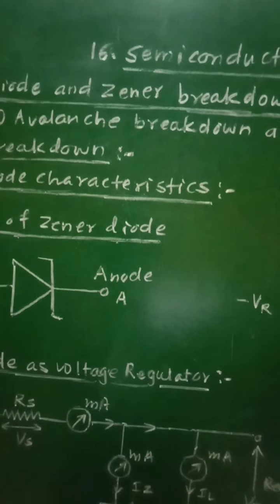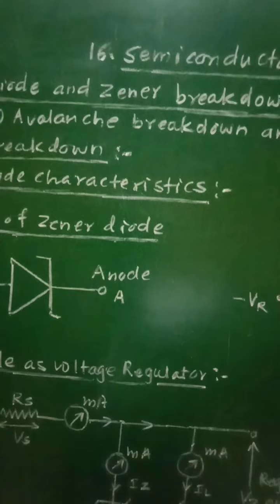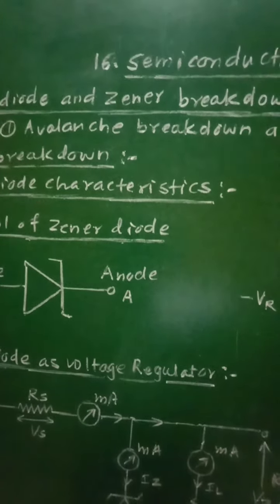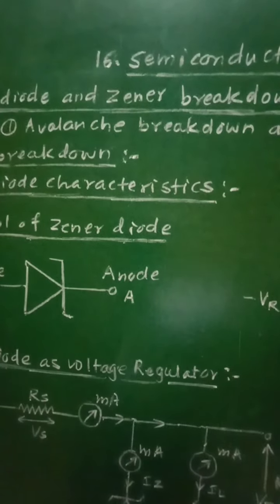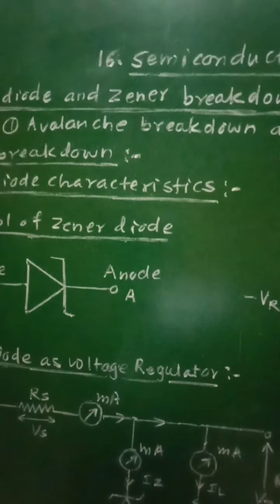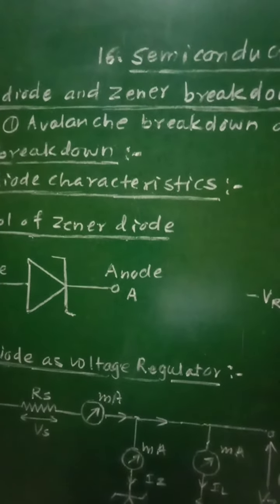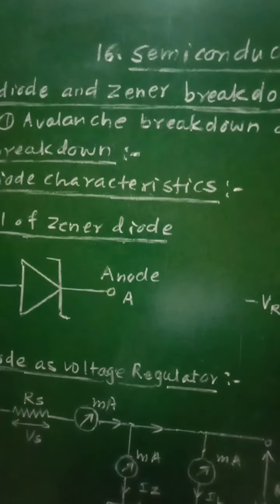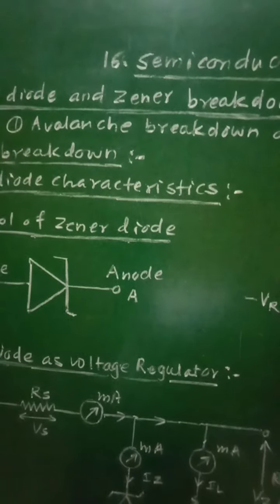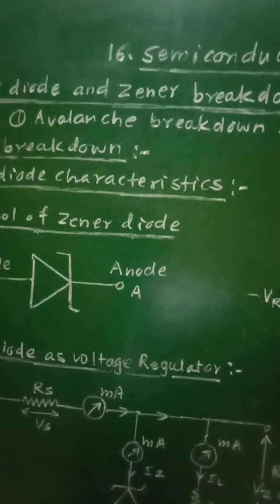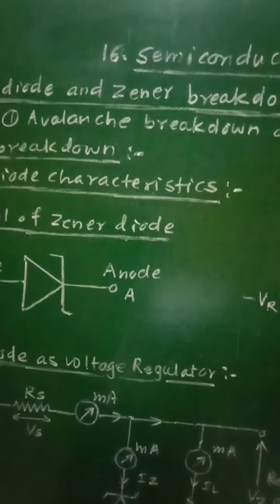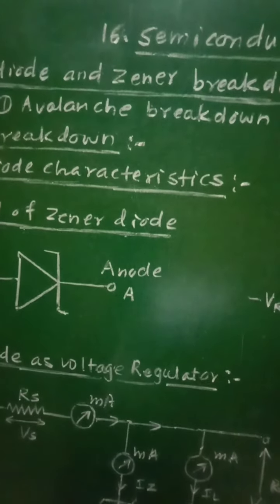This critical voltage is called reverse breakdown. That is, beyond the reverse bias voltage of a particular value, the current suddenly increases in that diode, and that sudden increase in current is called the reverse breakdown, and that voltage is called the reverse breakdown voltage.